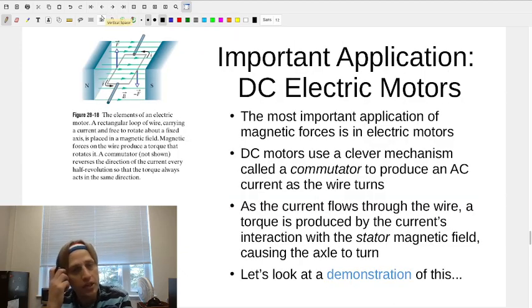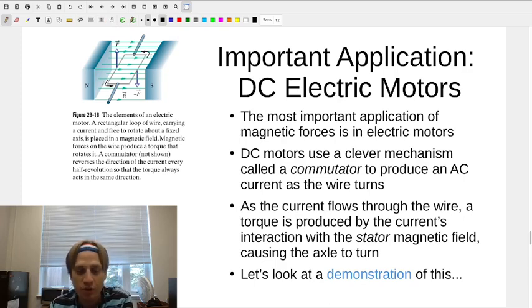Now, this type of problem might seem a little esoteric. What's the point? Why do I need to know this? But it turns out that almost all of our important electric motor applications are essentially magnetic in nature. And so these magnetic forces are what allow us to get loops that turn, essentially.